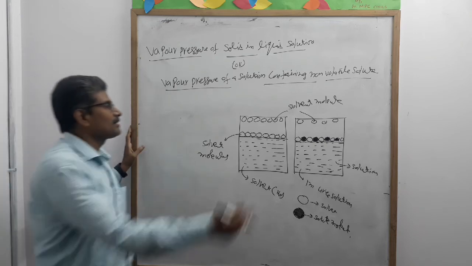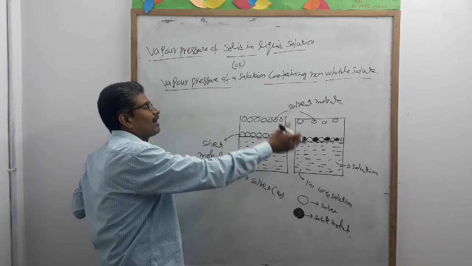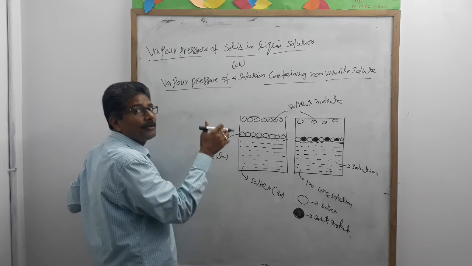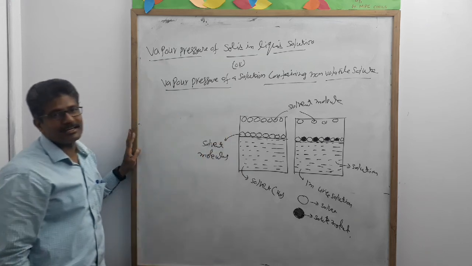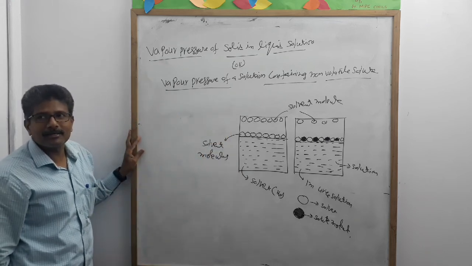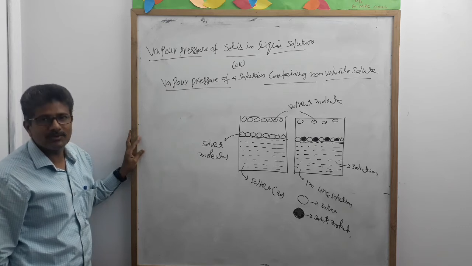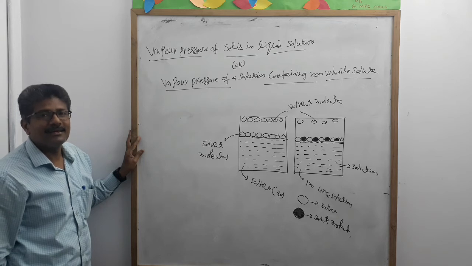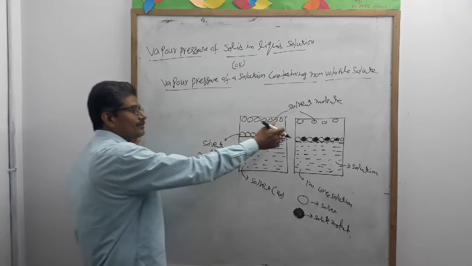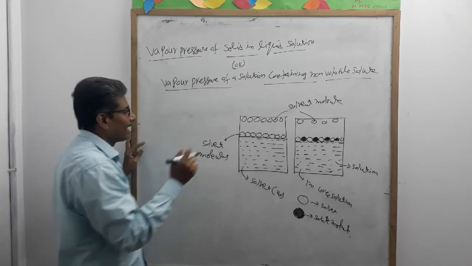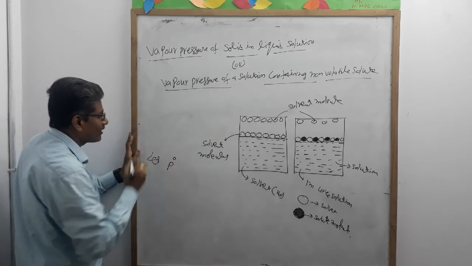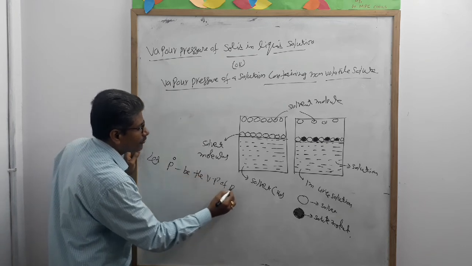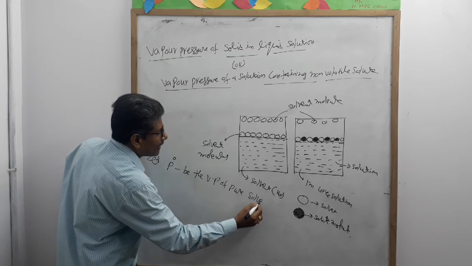Hence, the vapor pressure of a solution containing a non-volatile solute is always less than the vapor pressure of the pure solvent at the same temperature.